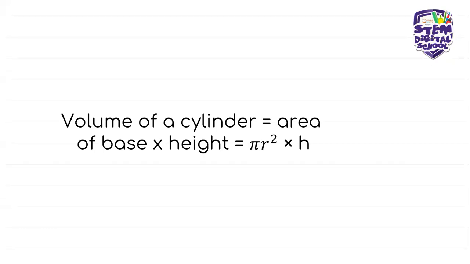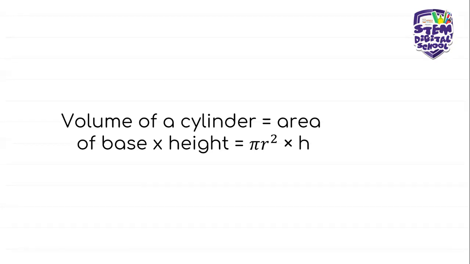So once you know that, then you can calculate the volume of any 3D shape. You will not struggle, because the main thing here is to know and understand the base of your 3D object.